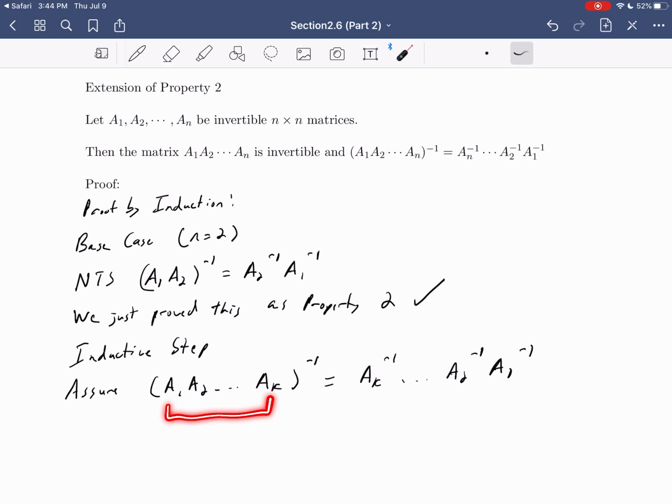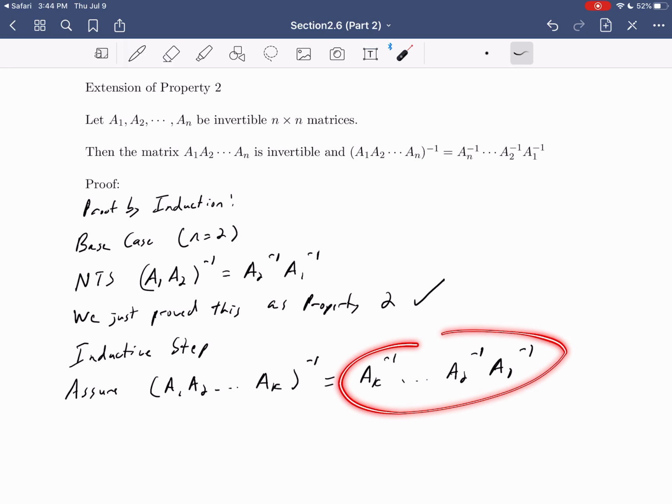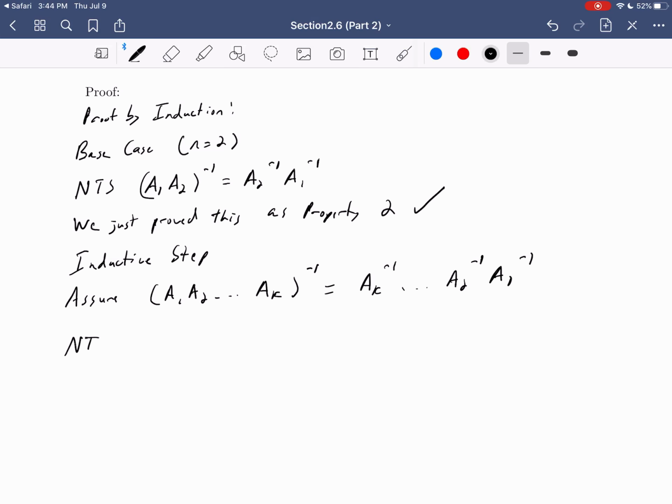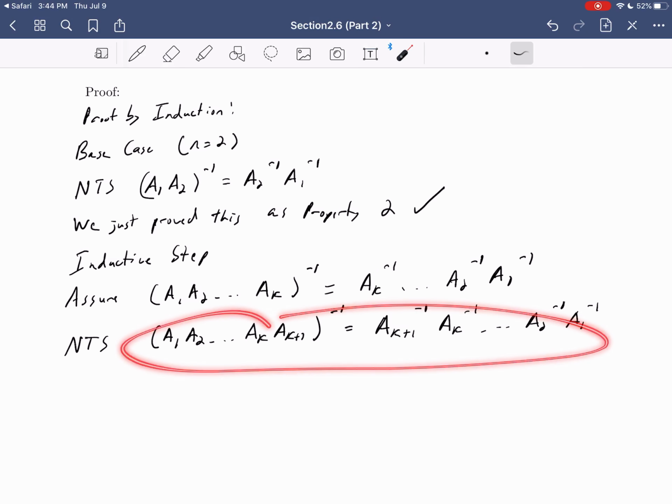So if you multiply together k matrices, you can do this. And what we need to show is that (A1 A2 ... Ak A(k+1)) inverse would be equivalent to A(k+1) inverse, Ak inverse, all the way down to A2 inverse, A1 inverse. So that would be our need to show.